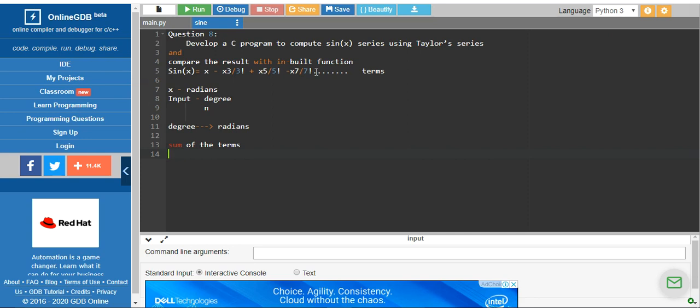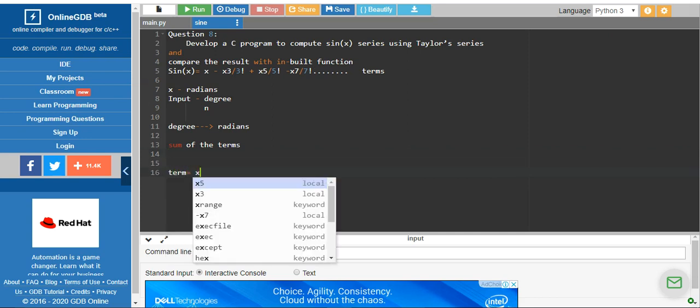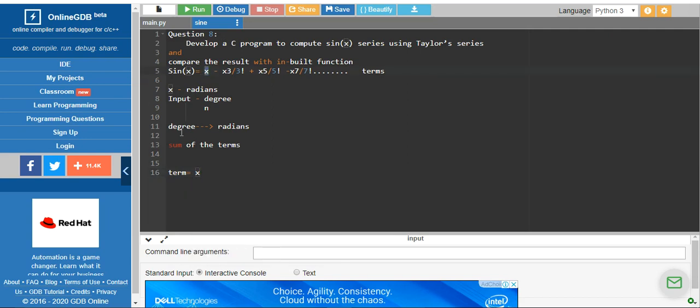Consider the first term as x, because we have the first term as x. After converting the degree to radians, the radians value is what I am treating as x. With the first term I am not going to do anything.